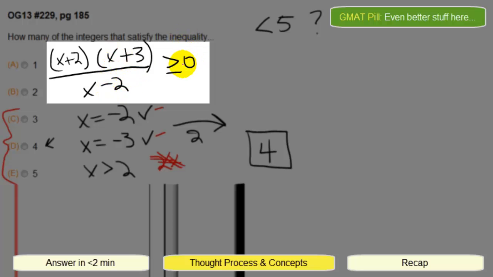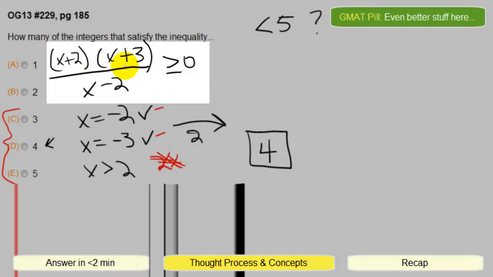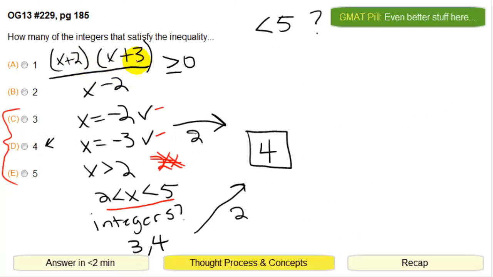So either way, you're always going to be negative if you use another number like minus 4 or minus 1. Only negative 2 and negative 3 work because that brings you to 0. And then anything greater than 2 works because then you would be dividing by a positive number, and that would give you a number that's positive. So these are the two negative numbers that work, and these are the two positive numbers that work that are less than 5. And so that's why you get a total of 4.